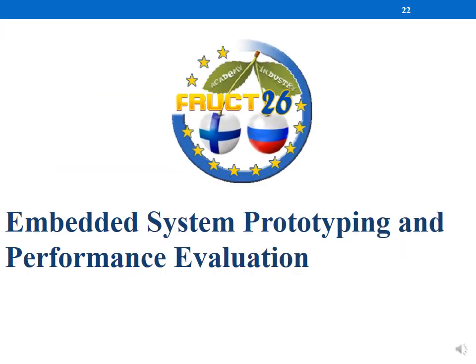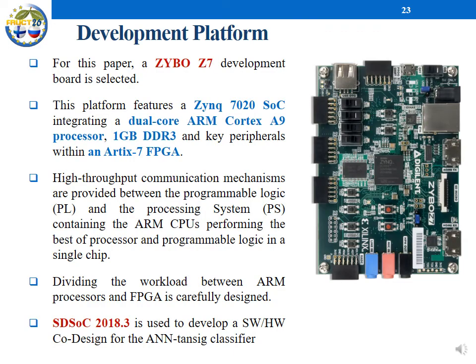Embedded system prototyping and performance evaluation. The development platform selected for this work is the Zybo Z7 development board. This platform features a Zynq 7020 SoC integrating a dual-core ARM Cortex-A9 processor, 1 GB DDR3, and key peripherals within an Artix-7 FPGA.